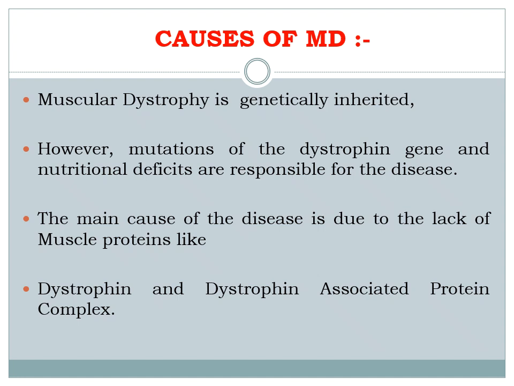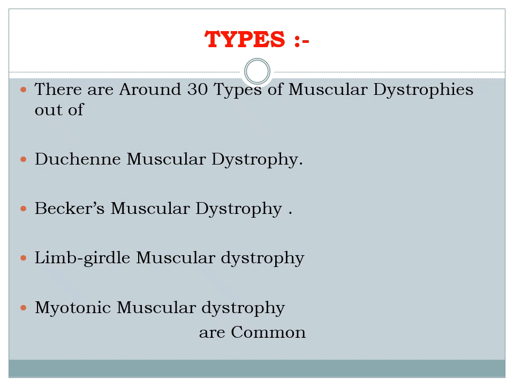Okay, there are 30 types of muscular dystrophy, but let us see the most important, most commonly affected types one by one. There is Duchenne muscular dystrophy, Becker muscular dystrophy, limb-girdle muscular dystrophy, and myotonic muscular dystrophy.